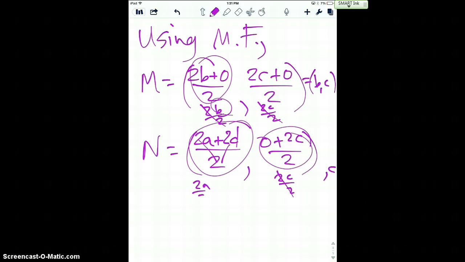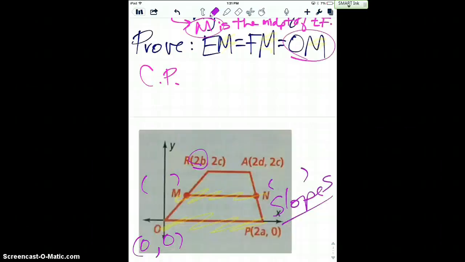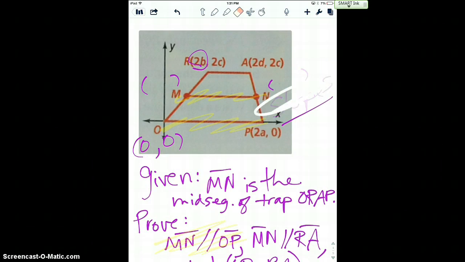So I have 2a over 2 plus 2d over 2, which is really just a plus d. So my coordinates of N are a plus d comma c. So I'm going to write that into my picture, which is way back here. Point N, what did I say that was? A plus d comma c. And M was b comma c.